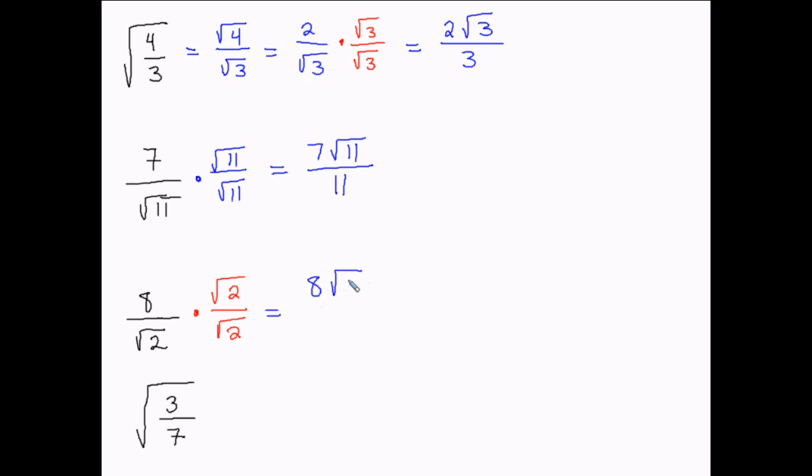So I'm going to get 8 times the square root of 2 over 2. And 8 over 2 will reduce. 8 divided by 2 is 4. So we just end up with 4 times the square root of 2.